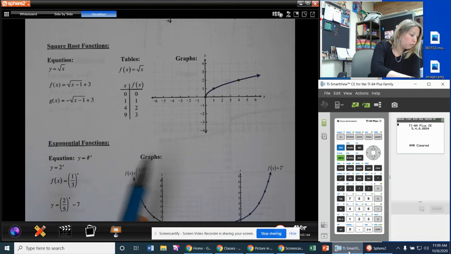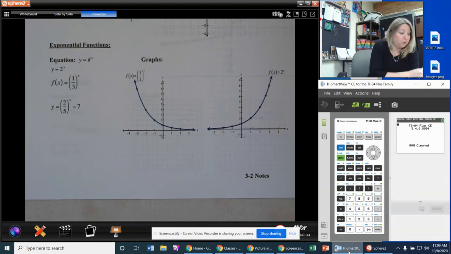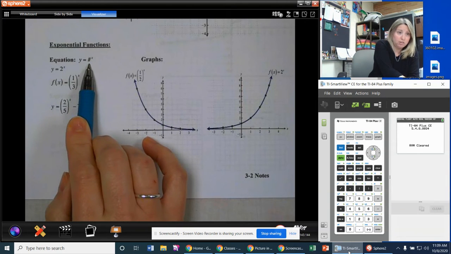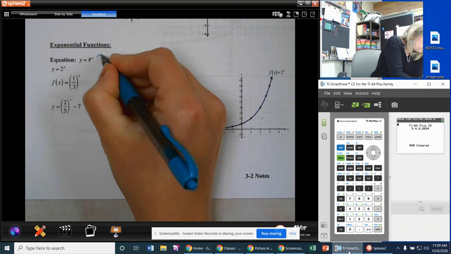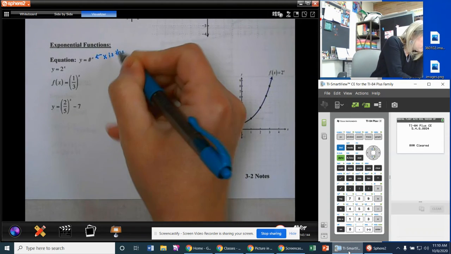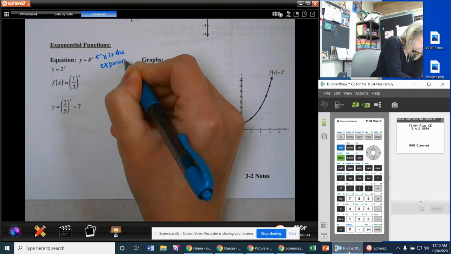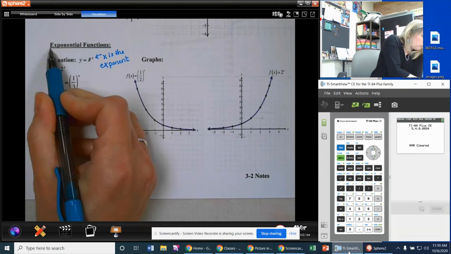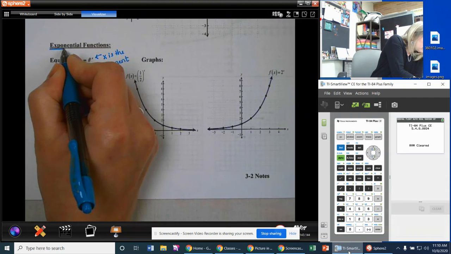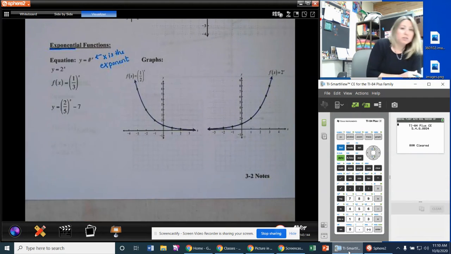An exponential function will have some base here, and the exponent is x. Notice exponential function, exponent is literally a word in that.